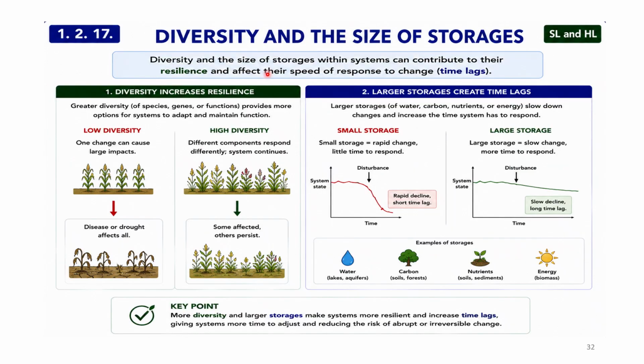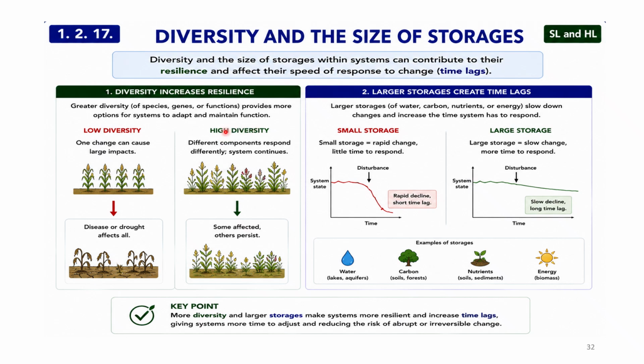Next, consider how diversity and the size of storages influence the resilience of environmental systems. Greater diversity, whether of species, genes, or ecological functions, provides multiple pathways for a system to continue operating when disturbances occur.